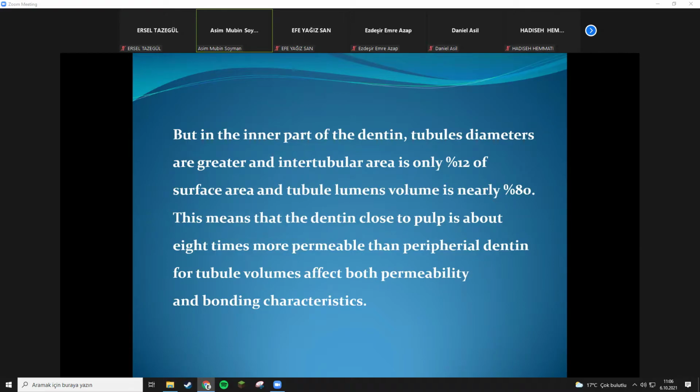But in the inner part of the dentine, tubule diameters are greater and intertubular area is only 12% of surface area, and tubular mass volume is nearly 80%. This means that the dentine close to the pulp is about 8 times more permeable than peripheral dentine. Tubule volumes affect both permeability and bonding characteristics.